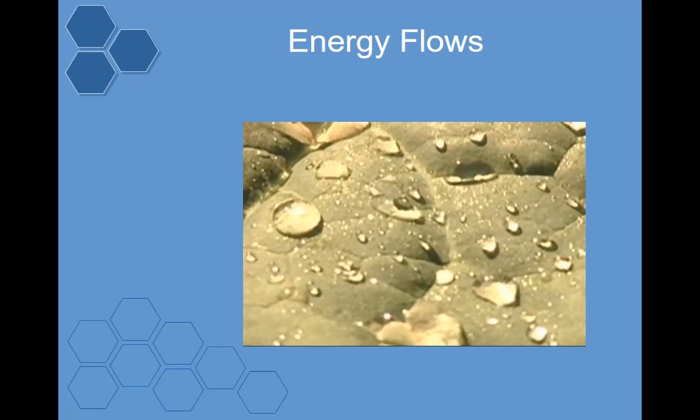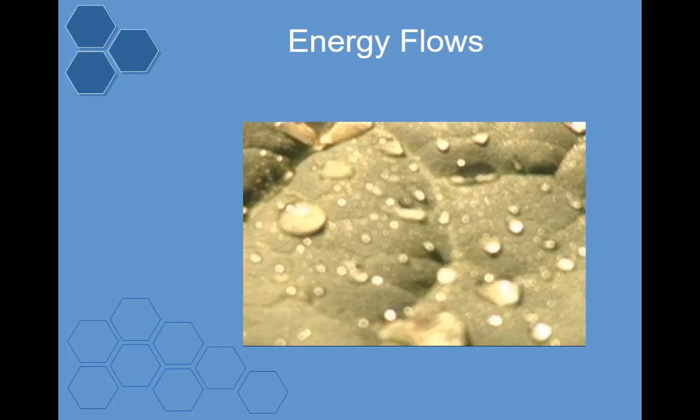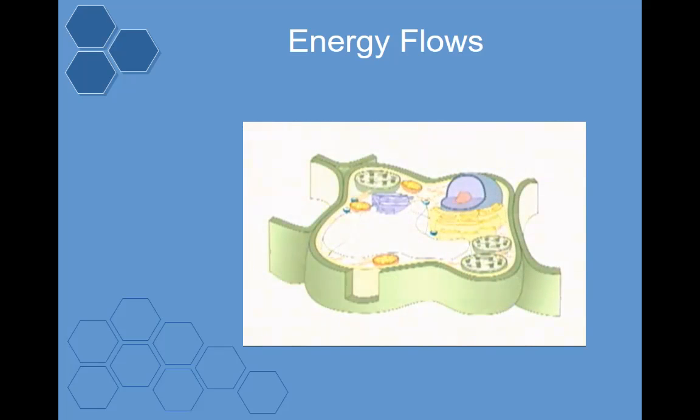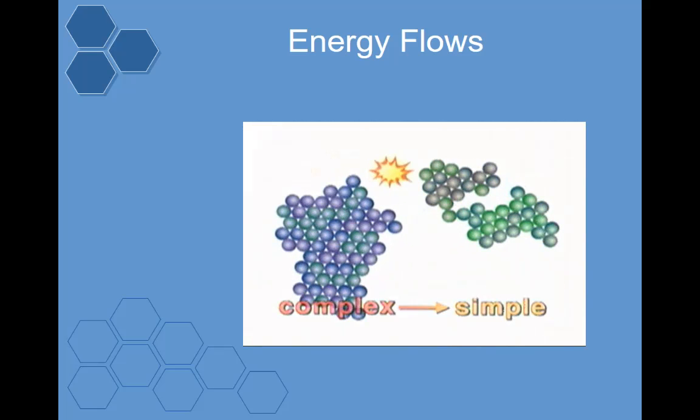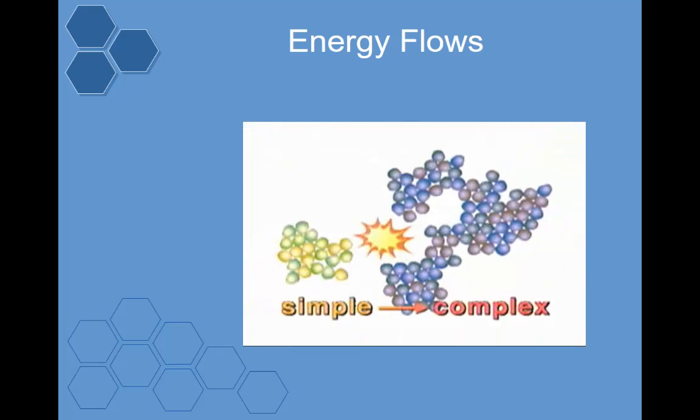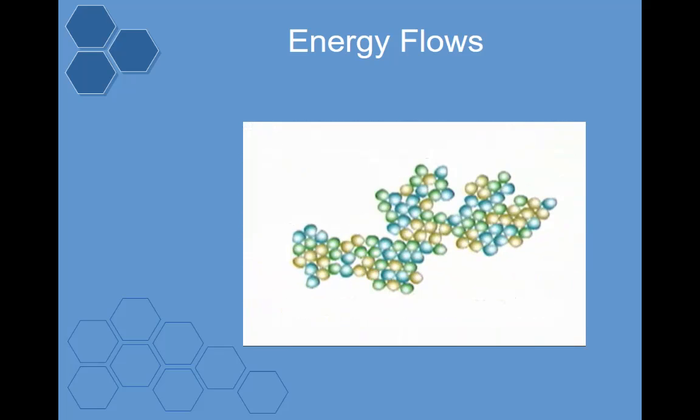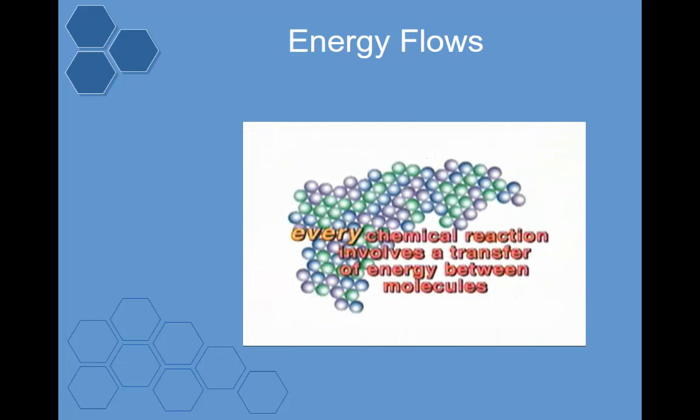The flow of energy within an organism consists of millions of precisely regulated chemical reactions inside the cells. During these chemical reactions, complex molecules are broken down into simpler molecules, or simple ones are built up into more complex molecules. Every reaction involves a transfer of energy between molecules.